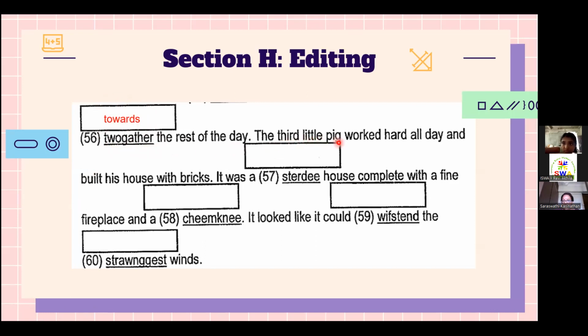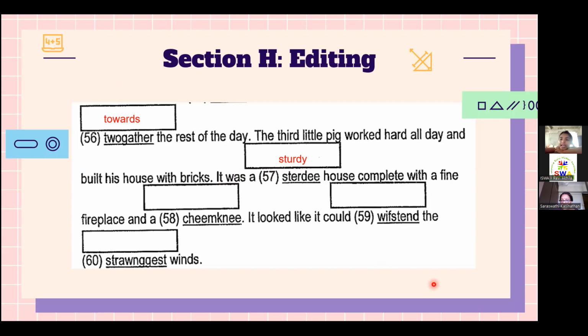The third little pig worked hard all day, built his house with bricks. It was a sturdy house. Can anybody spell sturdy for me? Spell sturdy. Very good. Can you say the meaning of sturdy? Sturdy means very strong.